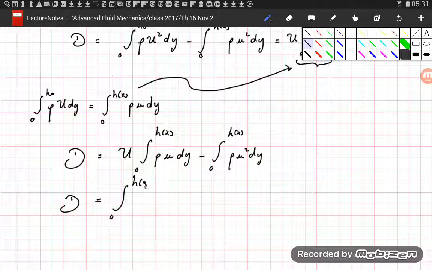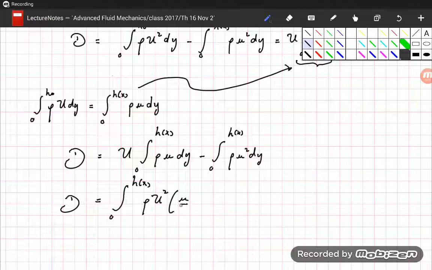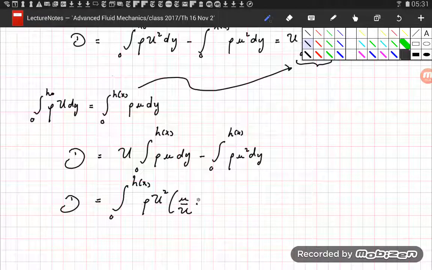So this is integral between 0 and h(x) of rho U squared times small u divided by capital U times 1 minus small u divided by capital U dy.